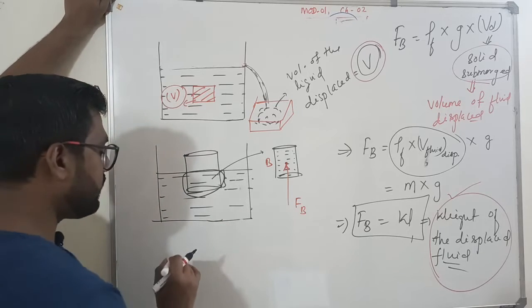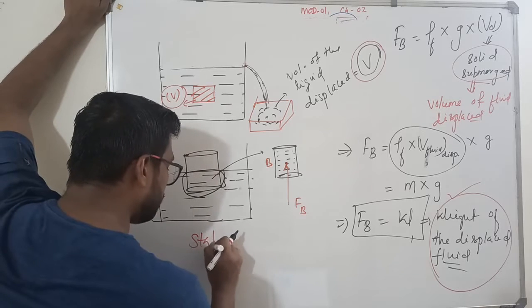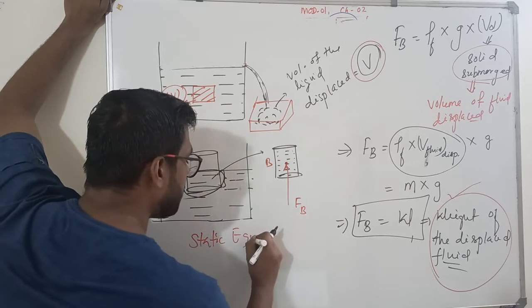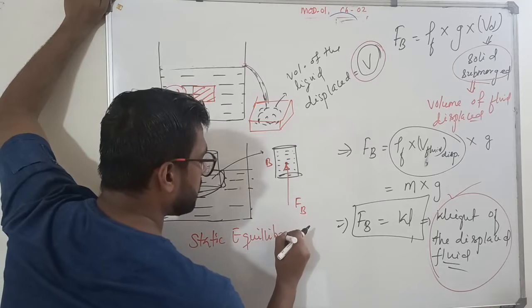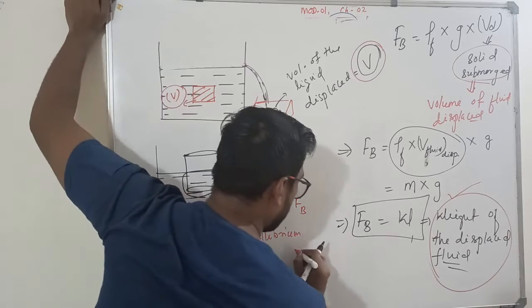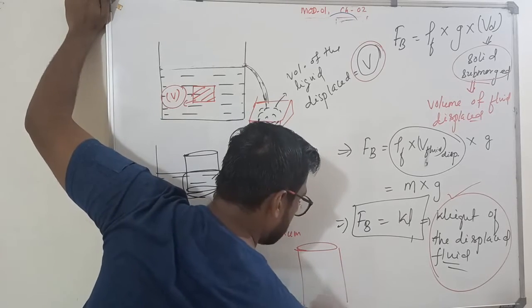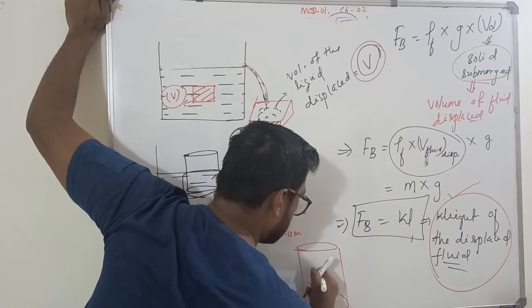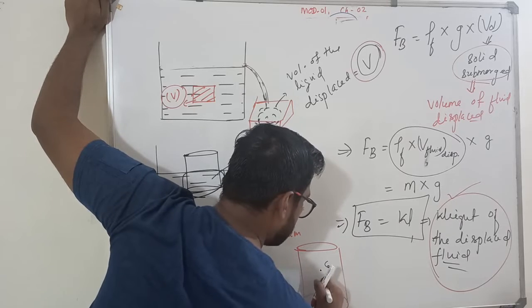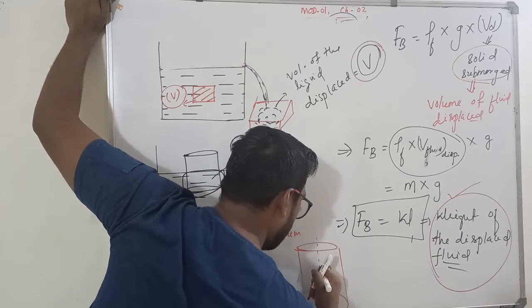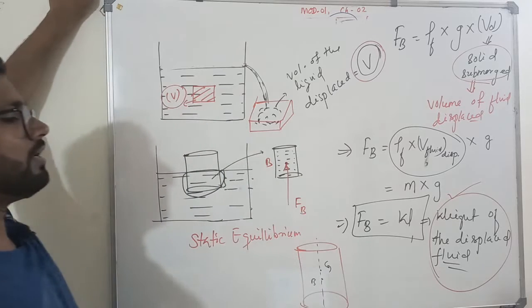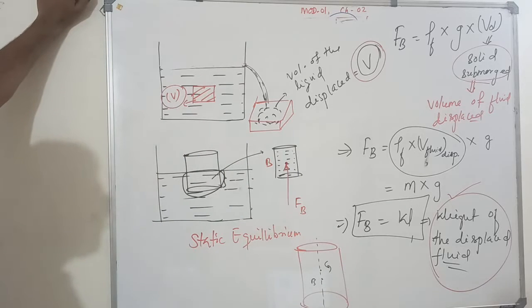If the fluid is in static equilibrium, then the force of buoyancy and the centroid are in a common line of action. Why?